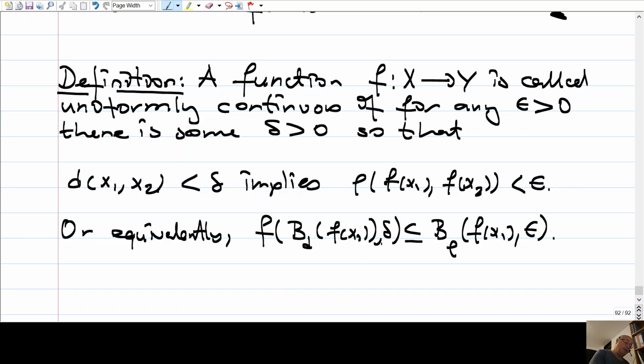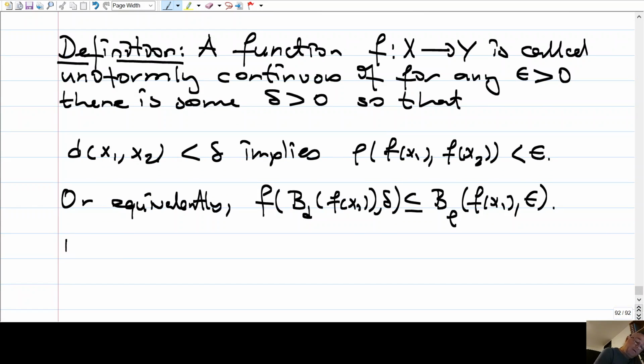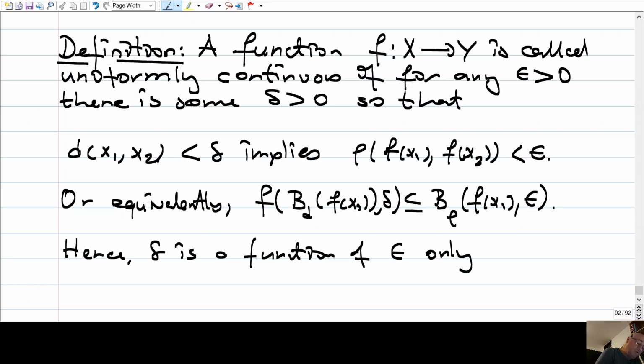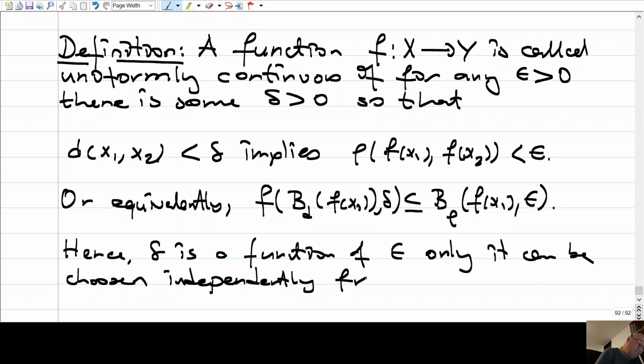Here delta is a function of epsilon only. It depends on the epsilon. It can be chosen independently from x.